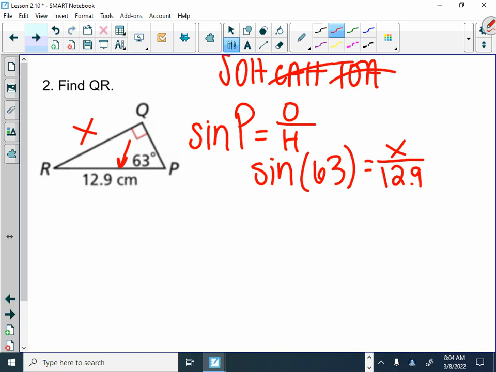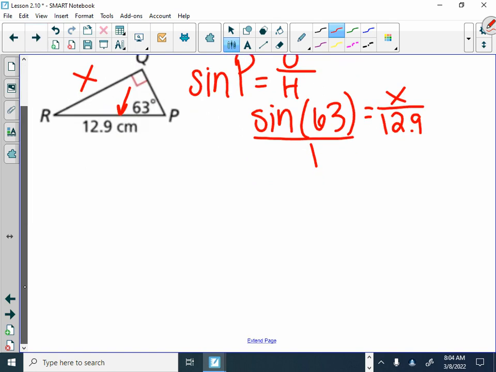Double check your math. This one we have to do a little differently than the last one. We're still going to divide by 1 and cross multiply. But watch what happens when I cross multiply. X times 1 is just x, right? So x is all by itself already. What I need to do now is say 12.9 times the sine of 63.